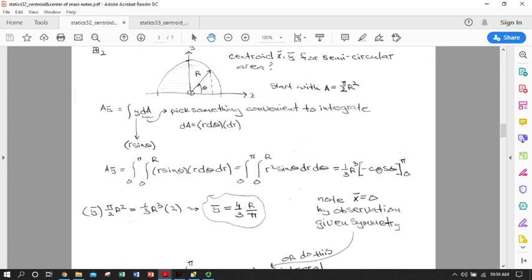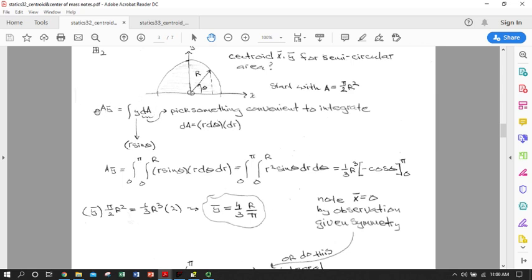Negative cosine of pi is the negative of -1, or 1, and the negative cosine of 0 is -1, so we end up subtracting and getting 2. So this becomes 2, and then we had the 1/3 R to the third out front. So we would end up getting 2/3 R to the third for this part of the expression.